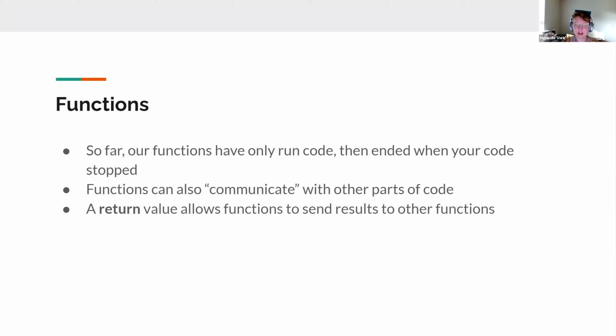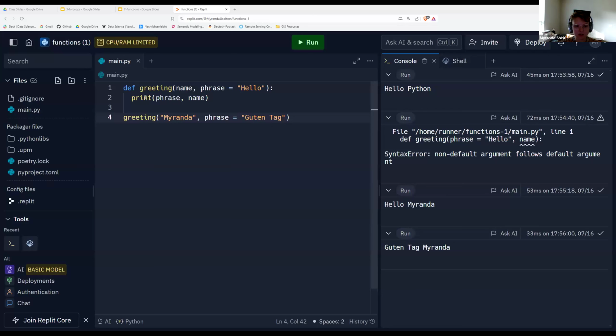So in our functions, nothing really happened except maybe a print statement. But let's say we want to save a variable to the result of a function. Currently, the way we have it set up, we can't do that, right? Currently we just have this print statement. But what if we wanted to save this as a variable instead of just printing it?